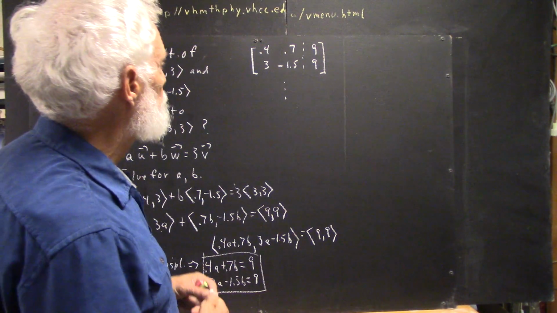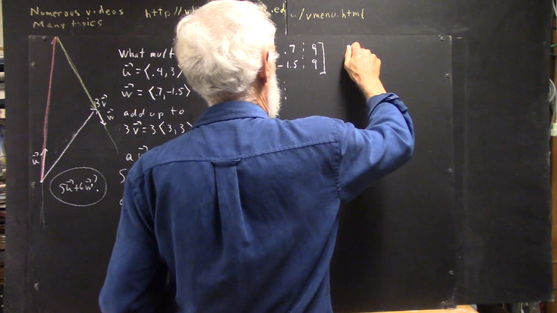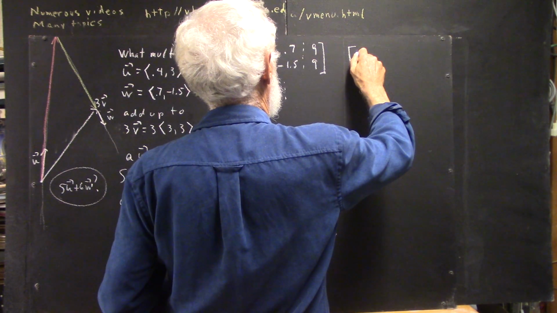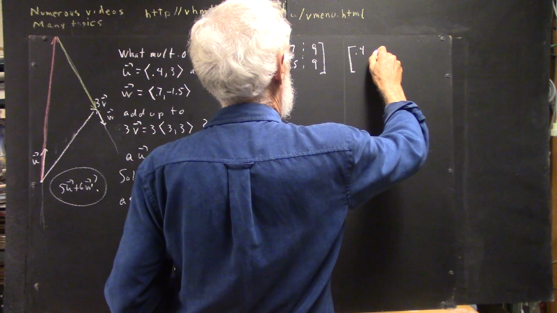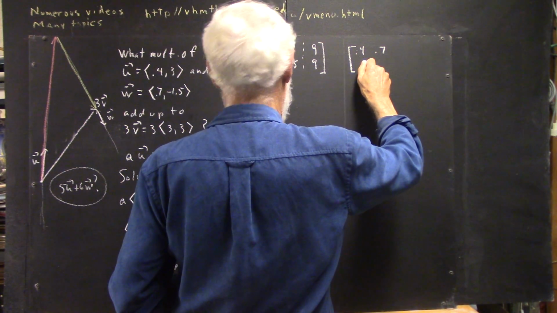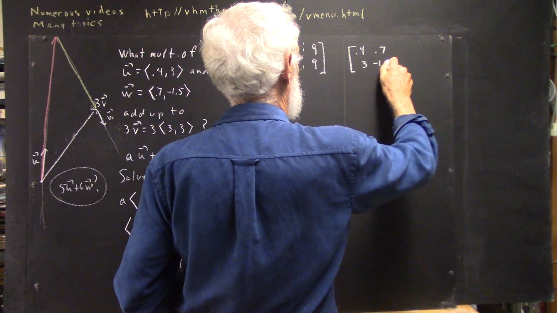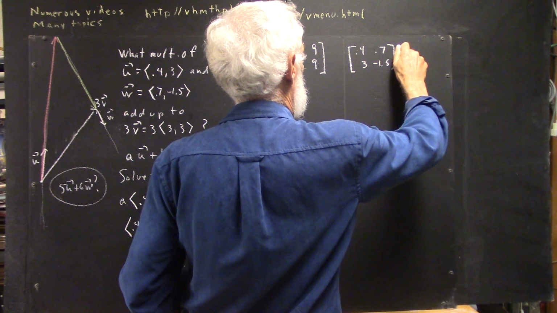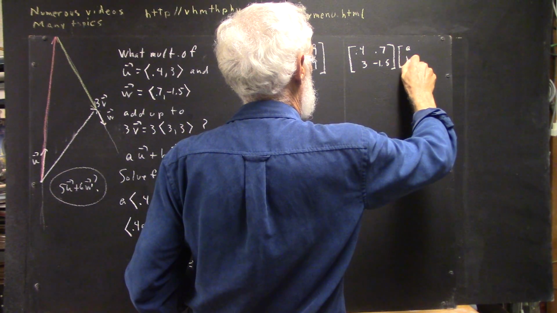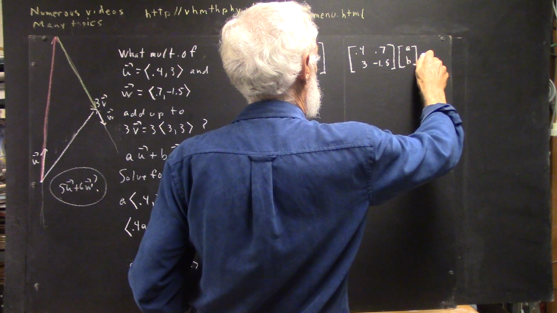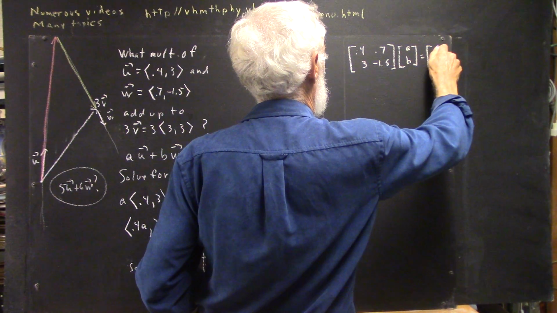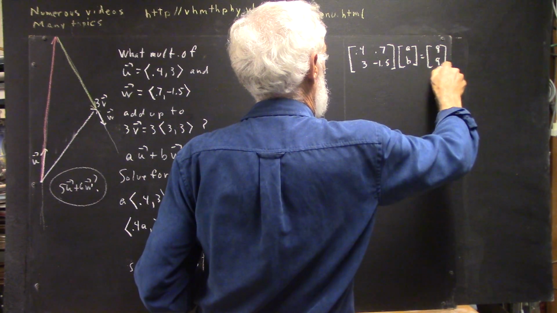Alternatively, we could write the matrix equation. 0.4, 0.7, 3, negative 1.5, multiplied by the column vector AB equals the column vector 9, 9.